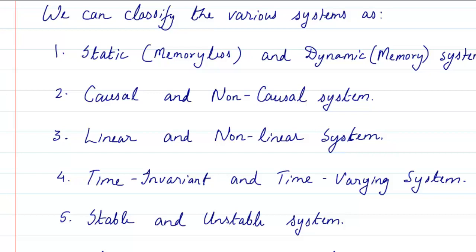Then there is the classification of systems into time invariant and time variant systems. A system in which the output keeps on changing with time is a time variant system, and when it does not change with time, it is called a time invariant system. The best example is your Wi-Fi network.